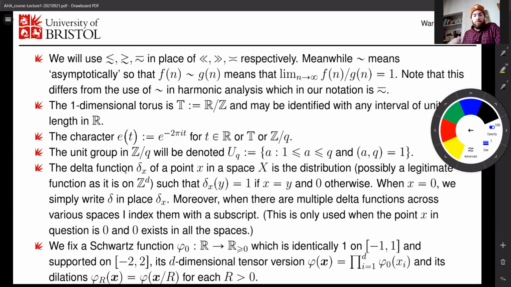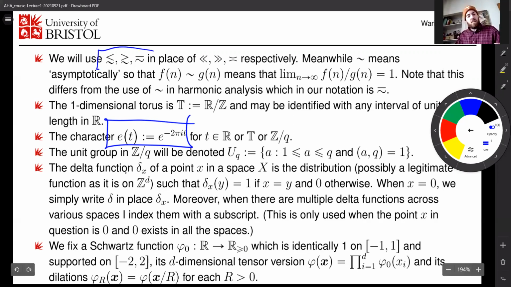Two big points to take away are the way I've defined my character, e(t). I use this to define my Fourier transform in a certain way. And that means various factors, when you differentiate, are going to be minus 2 pi i, and so on. Another takeaway is how I'm going to compare orders of magnitude. I'm going to use this notation, the first part of which I learned from notes and papers of Tao.